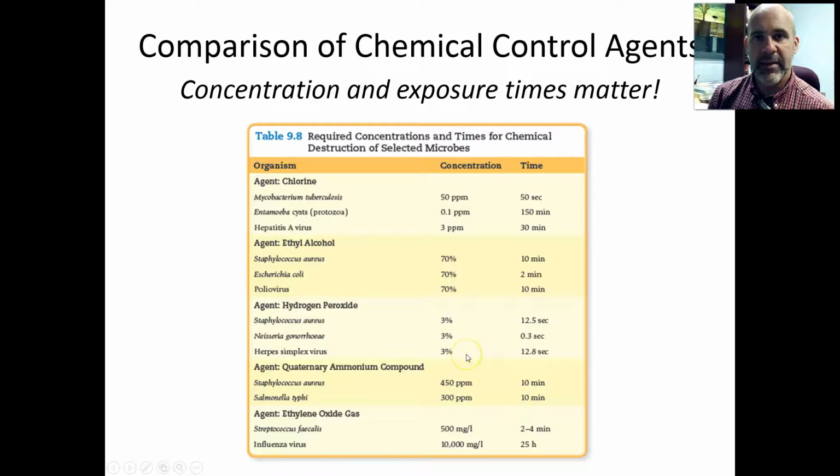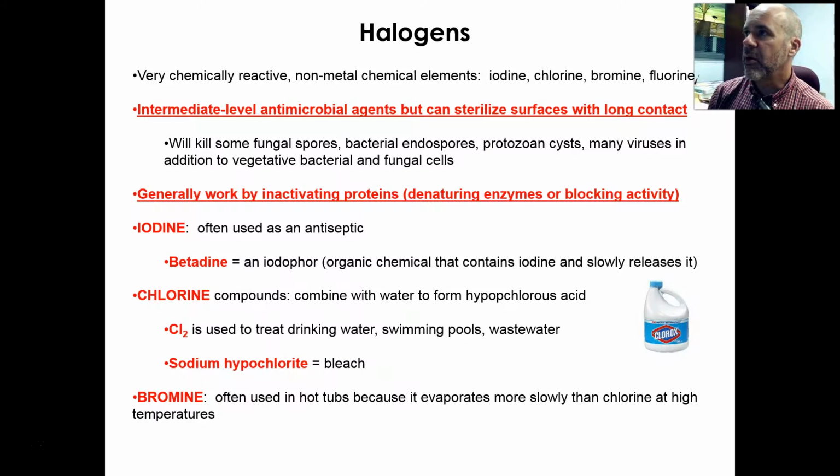So if you were making 100 milliliters of that, you would have 3 milliliters of hydrogen peroxide and 97 of water, so that hydrogen peroxide is in there at a concentration of 3%. Or ethylene oxide gas, its concentration is given in milligrams per liter. So those are different ways that concentration can be reported.